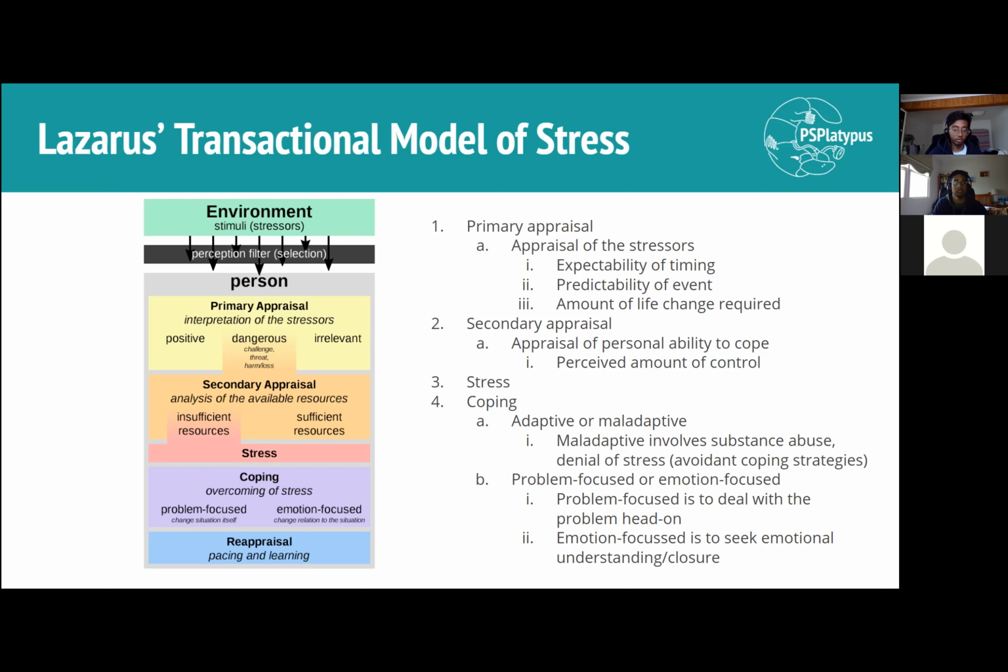Problem focused is to deal with the problem head on. For example, if you're stressed about a test, problem focused would be to study for the test. Emotion focused is for things that you cannot do practical things for, and it's more to seek emotional understanding or closure. So yeah.